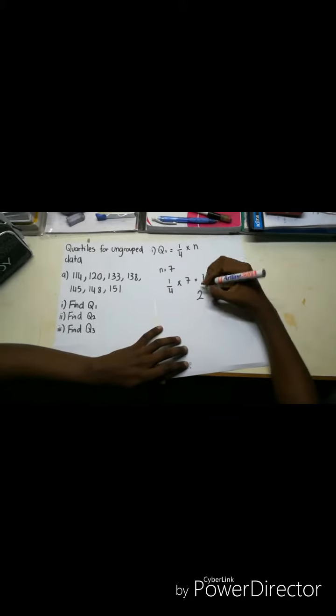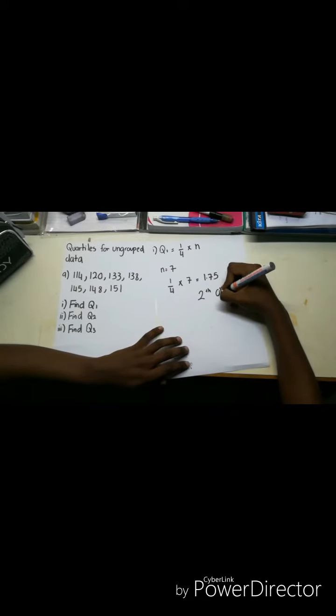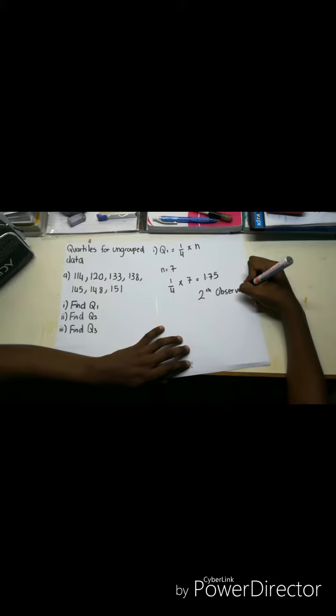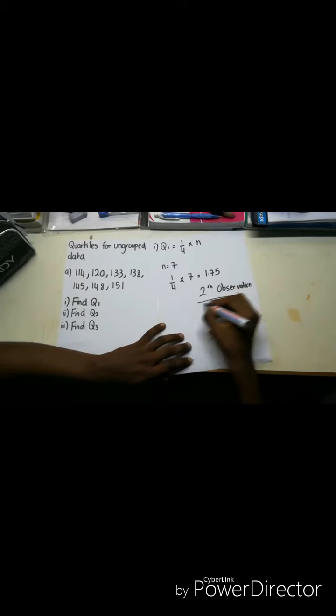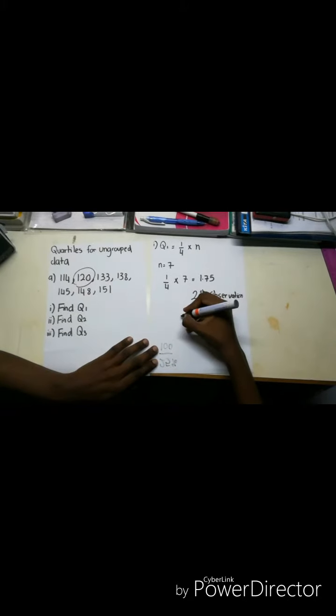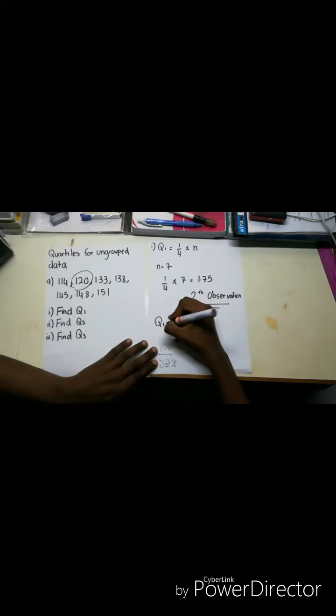So this means the second observation. We take the second number of the data, which is 120. So Q1 is equal to 120.